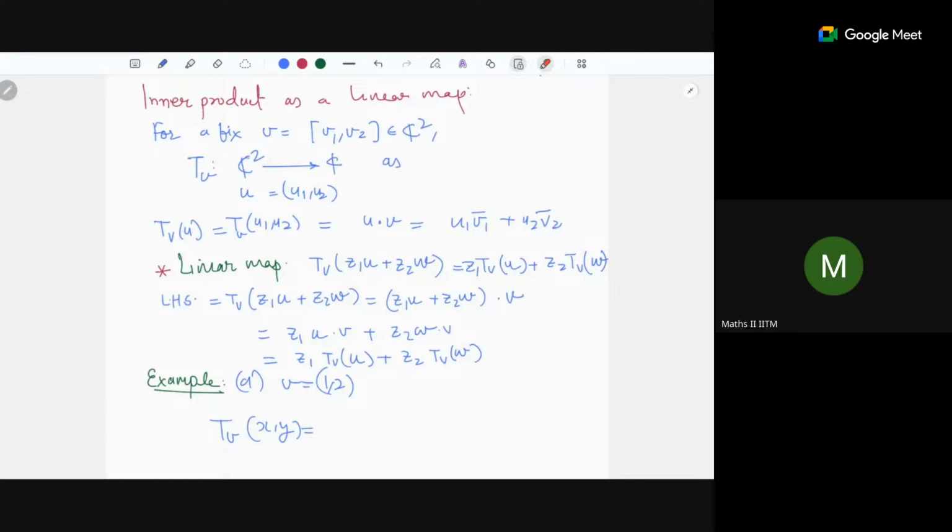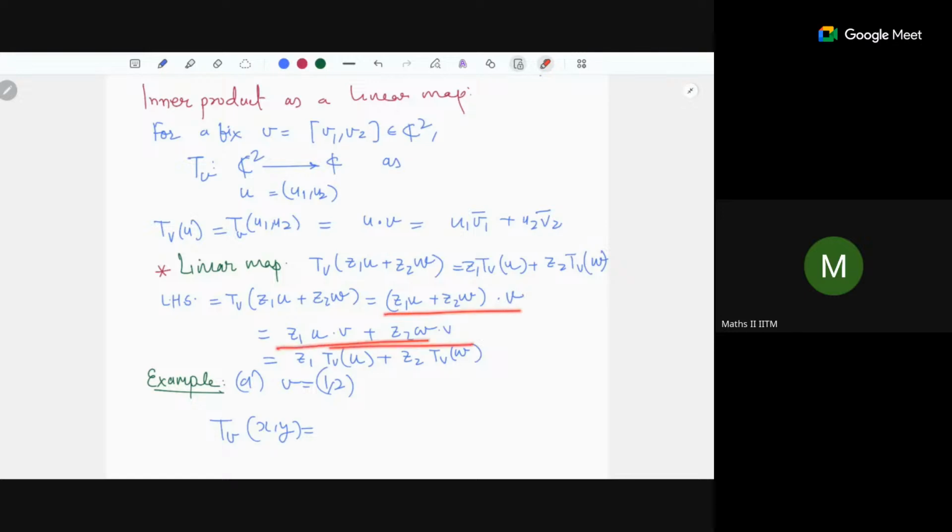So we start with the left hand side, and I want to arrive at the right hand side. Left hand side is this. Now what is this? So we use the definition of this linear map. Now this is a dot product with first argument being a linear expression. Now use the linearity of the first argument of this dot product.